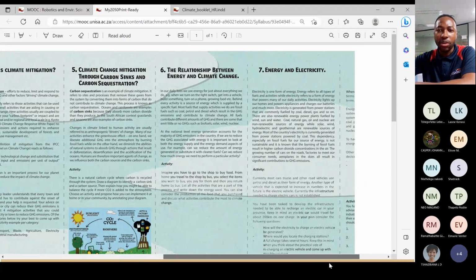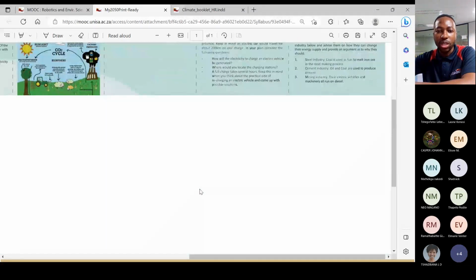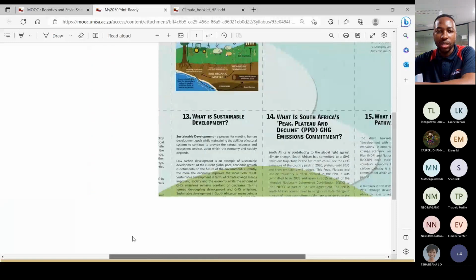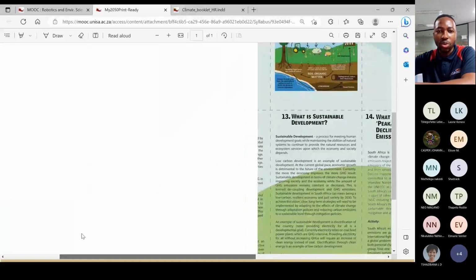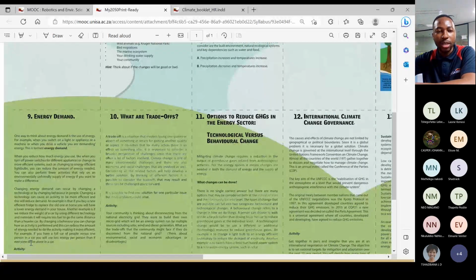So I'll certainly encourage you, educators, as well as students that are interested in this, to go through this syllabus tab and click on this. You can even read on that interesting tab there on number 9, where it talks about the energy demand.